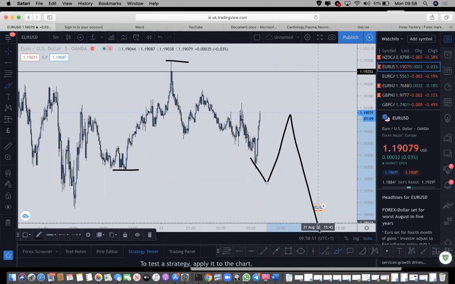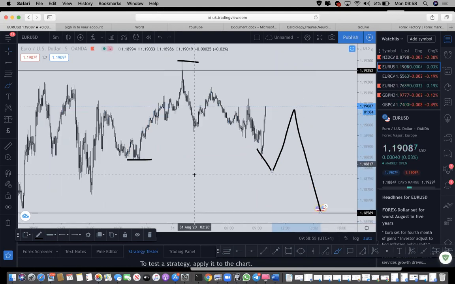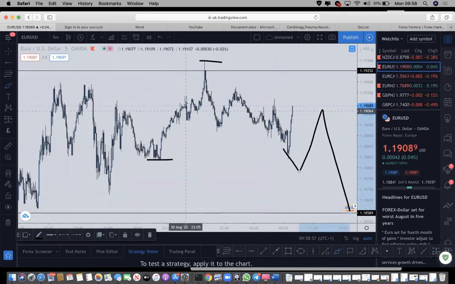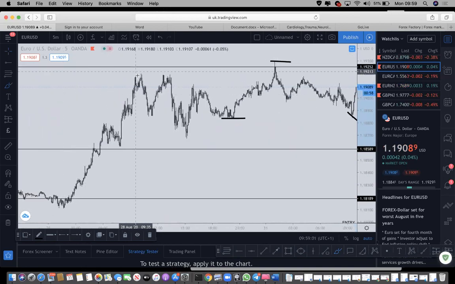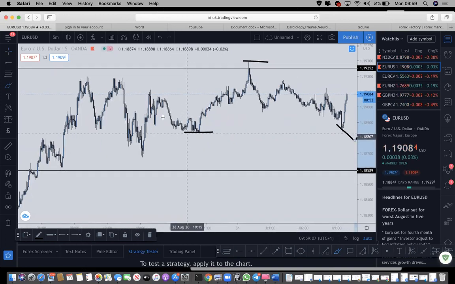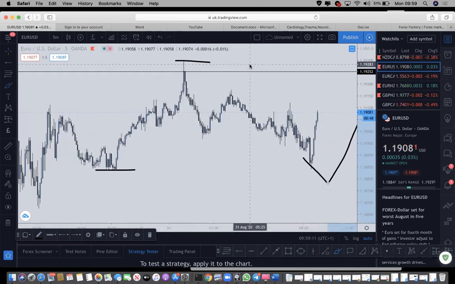Good. So this is what I mean by watch for break of market structure on smaller time frame. As you can see right here, price went straight for my entry, and you can see there was a Wyckoff schematic right there. Buying climax, automatic reaction, secondary test, sign of weakness, UT, and then we had a U-turn straight away.